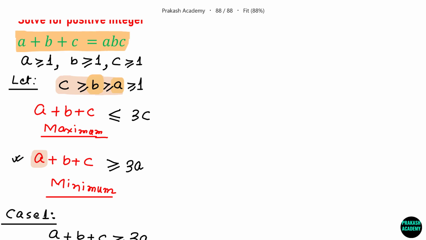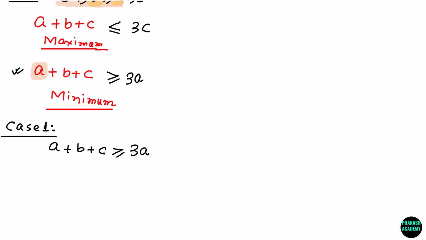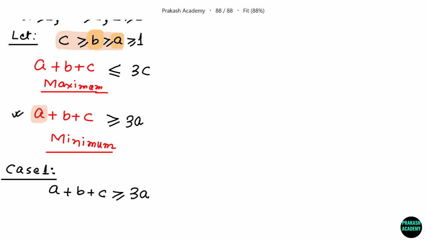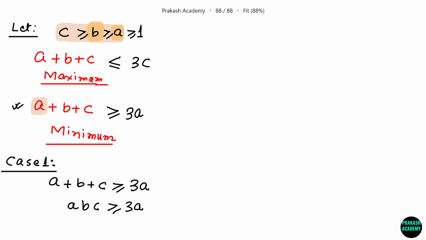So I can replace a plus b plus c with abc, and I will have abc is greater than or equal to 3a. Now if I cancel a, then bc is greater than or equal to 3.